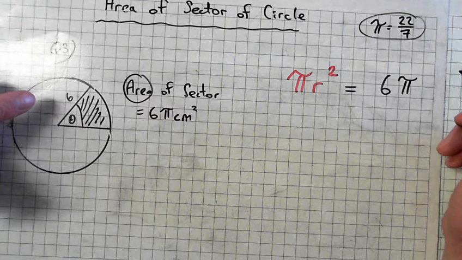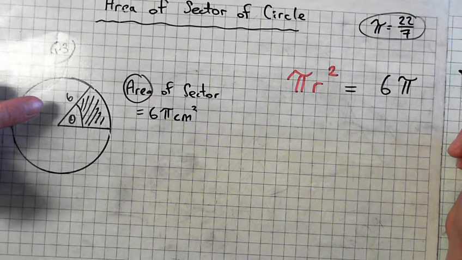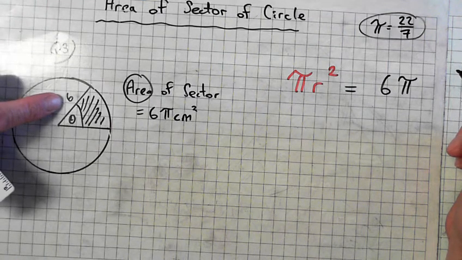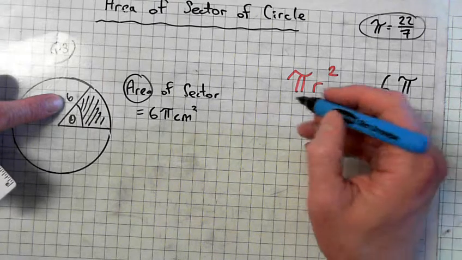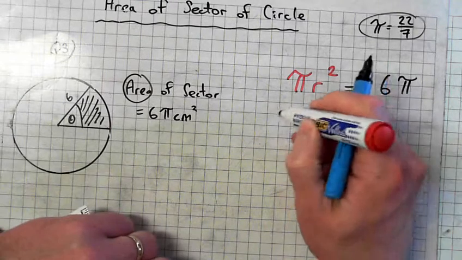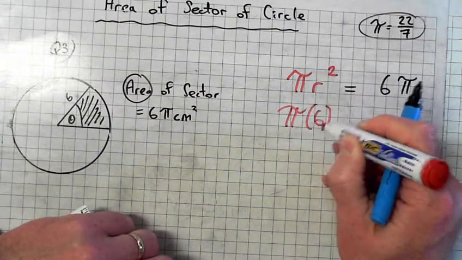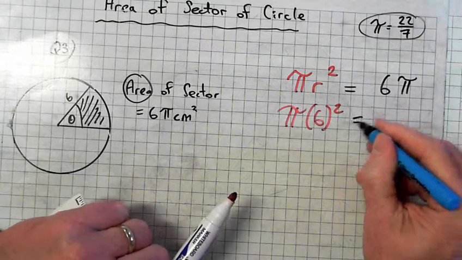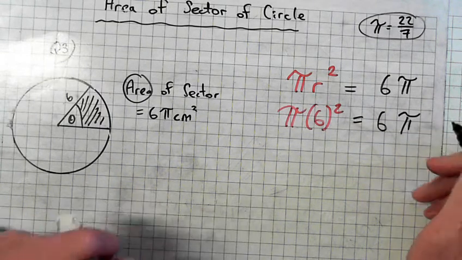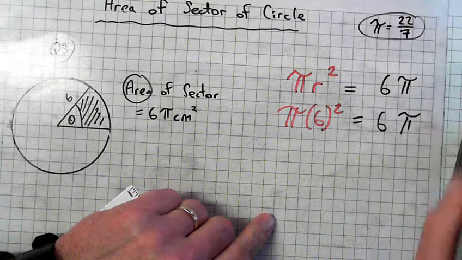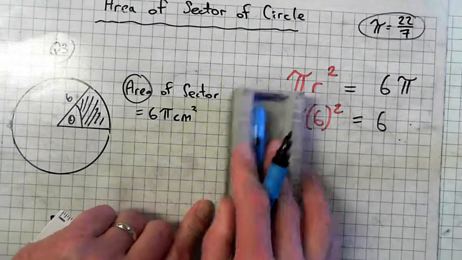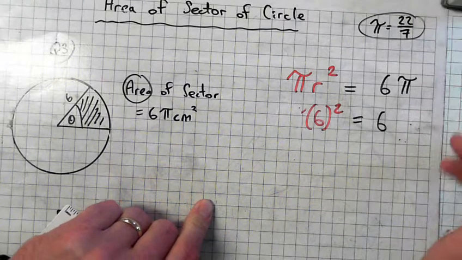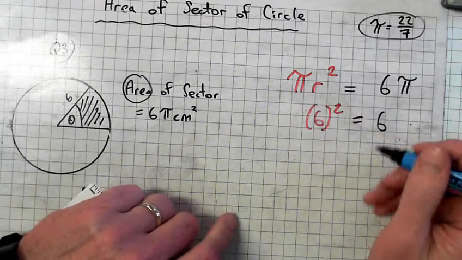It also tells us the radius is 6. What can I remove from both sides of the equation? I can cancel pi from both sides. 6 squared is?